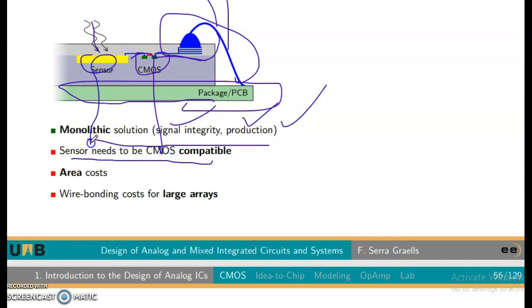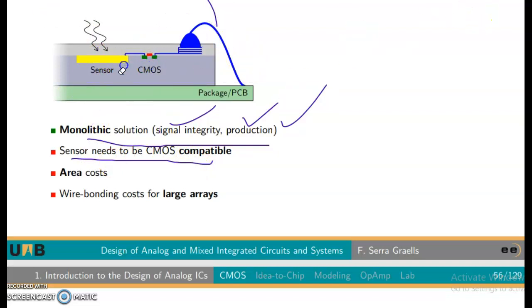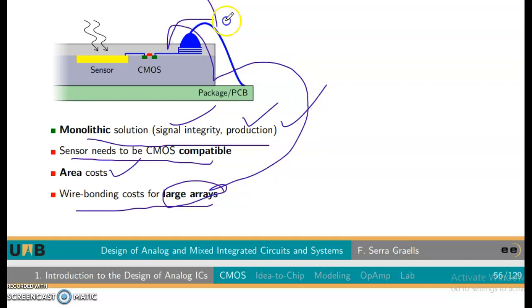This is the sensor. Area cost: wire bonding cost for large areas. This is the wire bond.